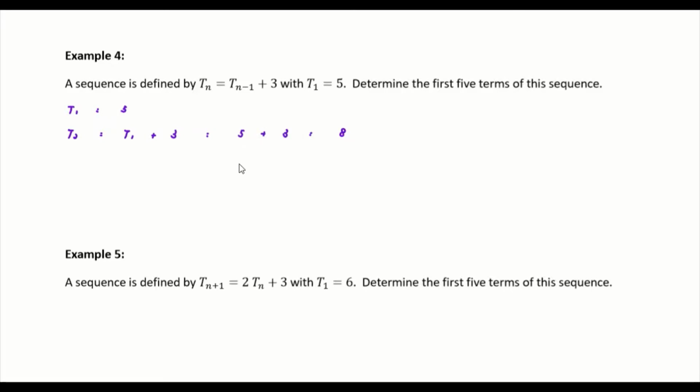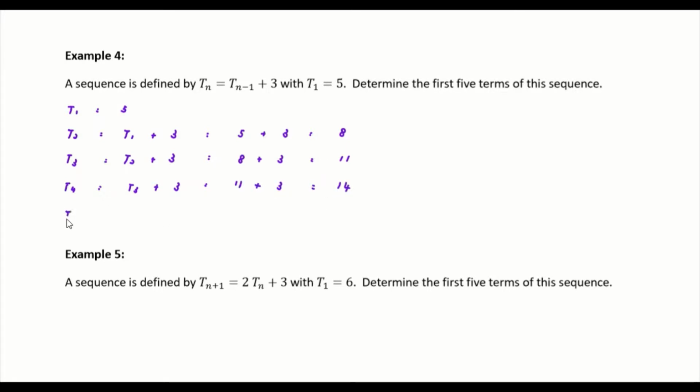After you get familiar, then you don't need to write down the working, but I encourage you to do it the first time, for your understanding in future. So you get your third term by using the previous term plus 3. The previous term is term 2, which is 8. So 8 plus 3 gives us 11. T4 is the third term plus 3, so 11 plus 3 gives us 14.